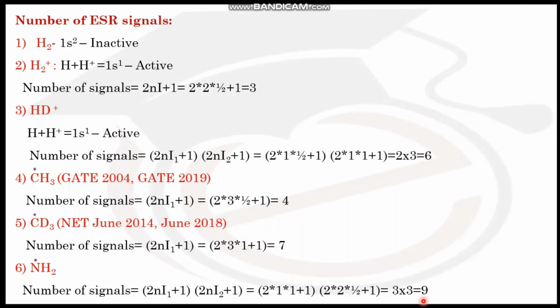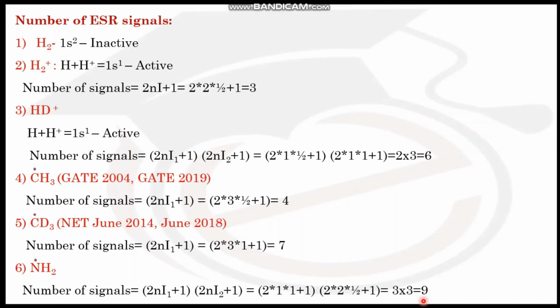About the intensity, we can do that in the next video, because for I value less than or equal to 1/2, we adopt Pascal triangle, and if the I value is greater than 1/2, we adopt non-Pascal triangle.